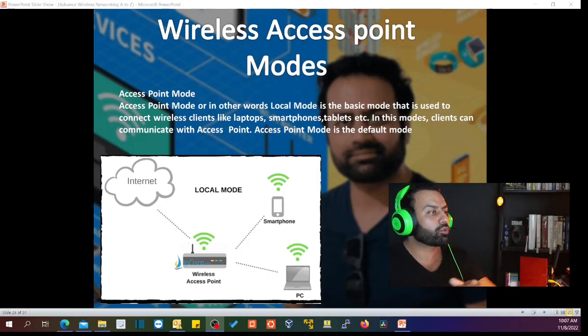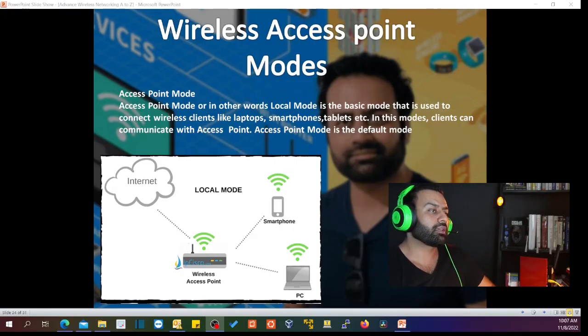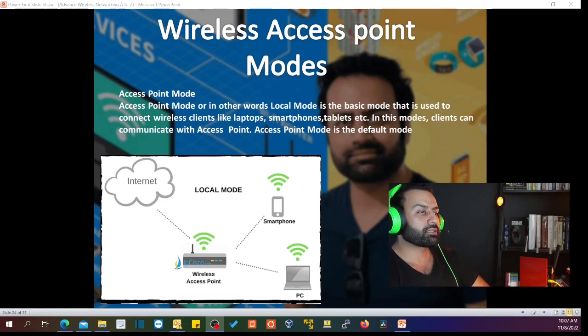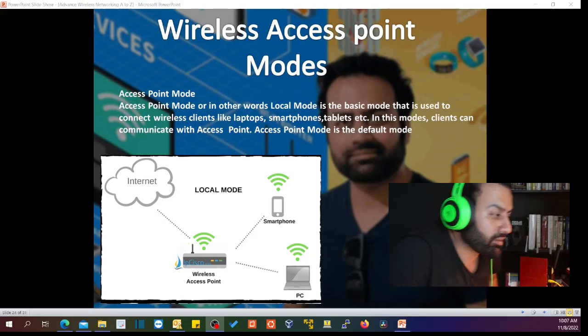Access point mode, or in other words local mode, is the basic mode that is used to connect wireless clients like laptops, smartphones, tablets, etc. In this mode, the client communicates with the access point, and access point mode is the default mode. As I mentioned, that's the default mode, and remember that as well.